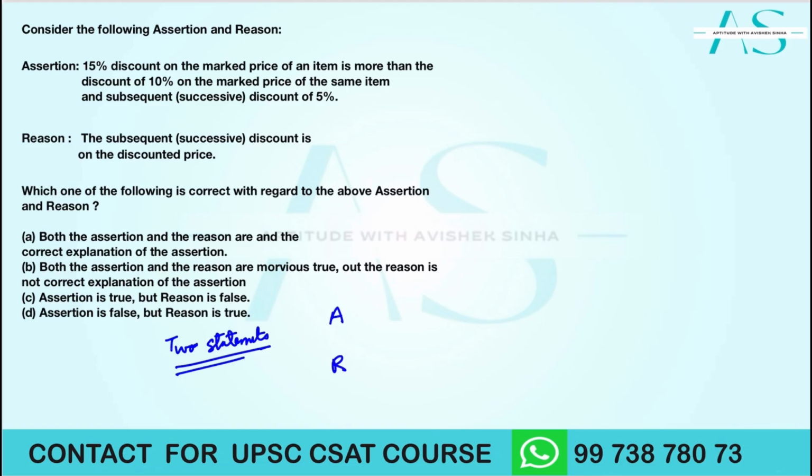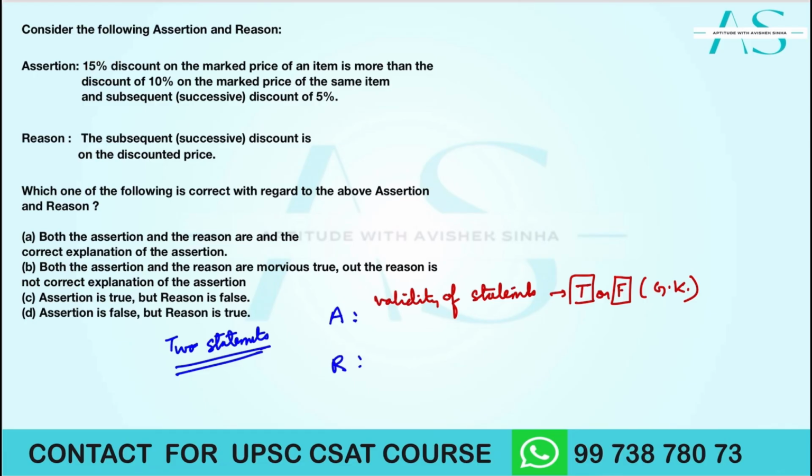Now, whenever we have a question on assertion and reason, we first check the validity of the statements, whether these statements are true or false based on our general knowledge. So we have to use our general knowledge or general awareness of things and actually check whether these statements in itself are true or false. We need to label them as true or false individually first.